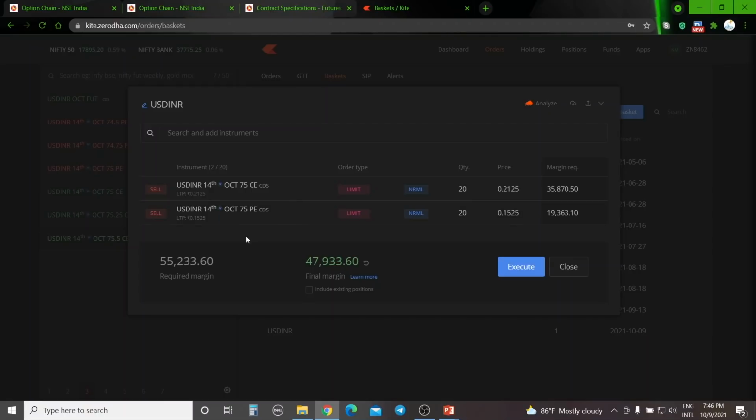Okay. So if we have to make this a defined risk, what we do is buy 50 paisa above and buy 50 paisa below. Same option, we will buy one CE at 75.5 and buy the 74.5 PE. Then you see the margin benefit we are getting.